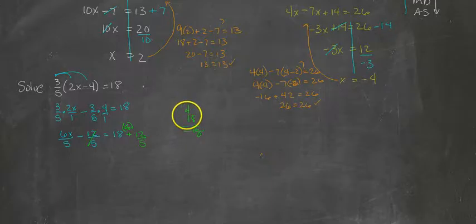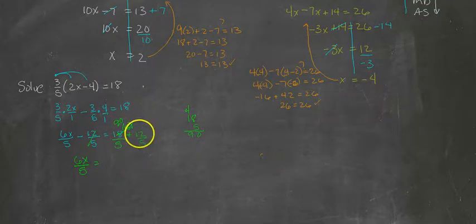Carry the 4. 5 times 1 is 5. Plus 4 is 9. So 18 times 5 equals 90 over 5. So that's 6x divided by 5 equals 90 plus 12, 102 over 5.